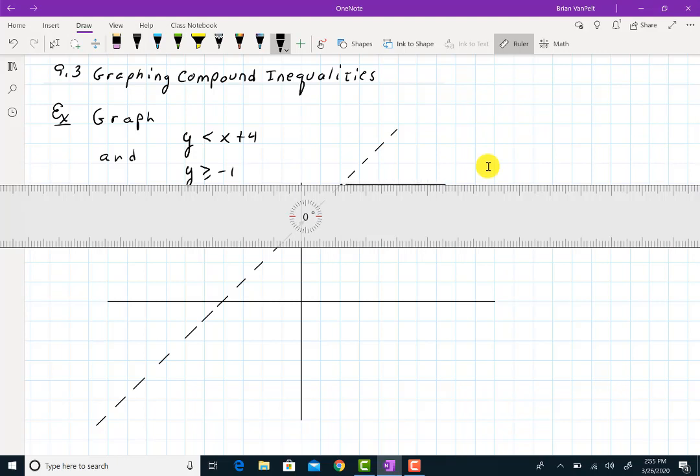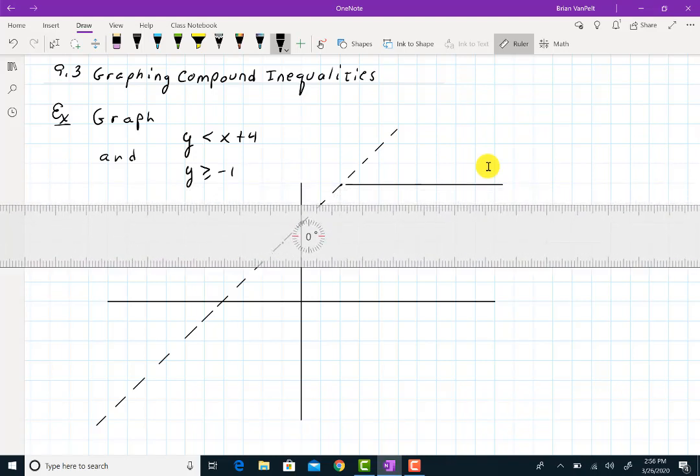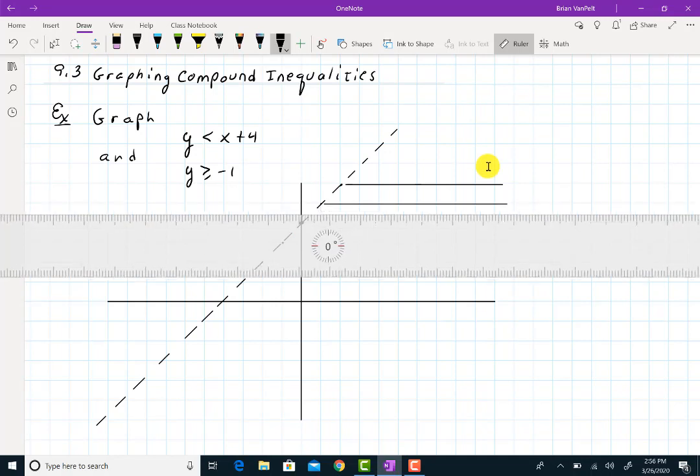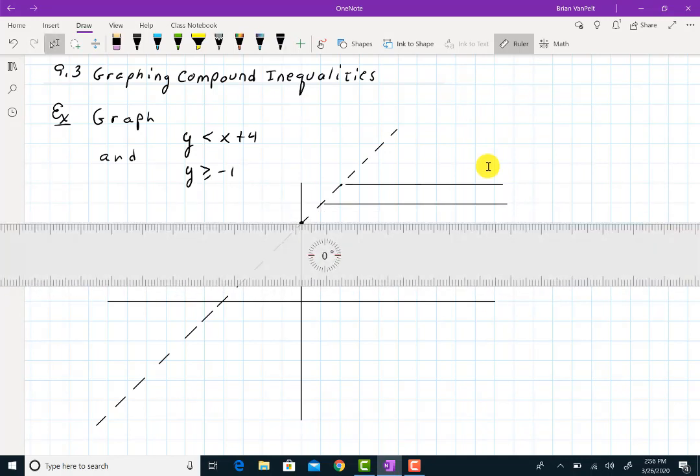You'll see what I mean when I'm done here. And I'm purposefully taking a lot of time here. I want you to get this right. So what I'm doing is I'm shading underneath of the line because y was less than that. So I'm using these markings as my shading.